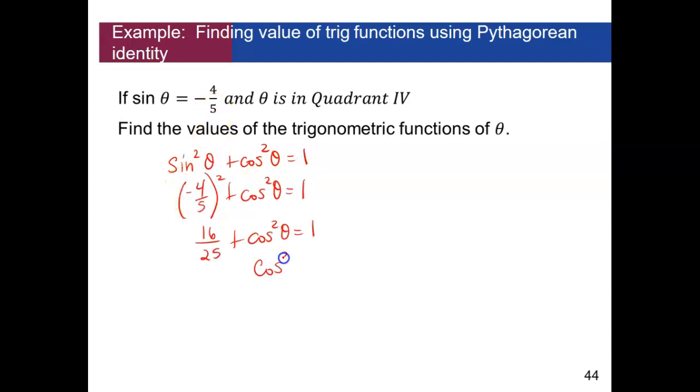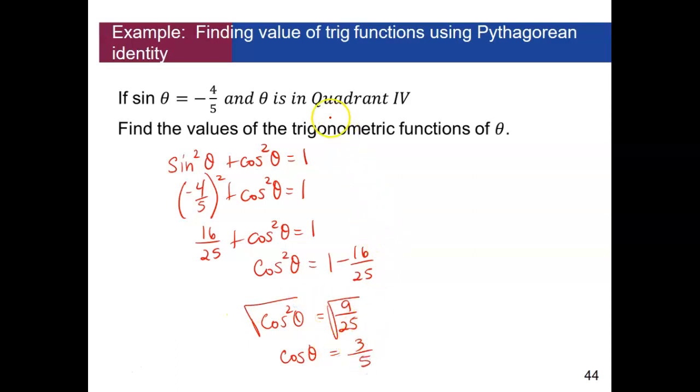So we get cosine squared theta is 1 minus 16 over 25, which will be 9 over 25. So cosine is, when you take the square root, you get 3/5. And since it's in the fourth quadrant, it's going to be positive.